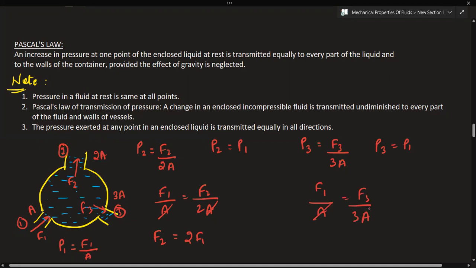So now the area would get cancelled and the third force would be 3 times the first force. So can you see, in order to compensate, so that the pressure does not change, the forces are getting multiplied. So this is Pascal's law. Understood what is Pascal's law? Okay, just note this down.